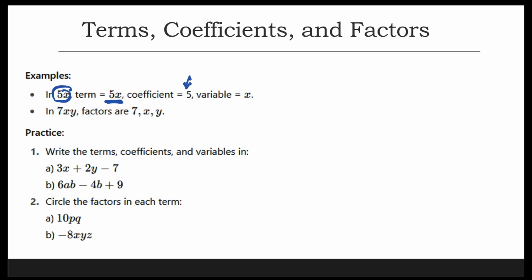Variable is normally variable. Now, what is factor? I take a term, I split it into all possible constants or variables by which it will be divisible. So 7xy can be divided by 7, can be divided by x, can be divided by y. So each one of these is a factor.